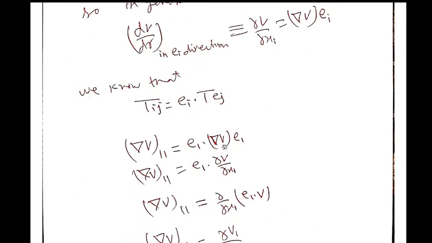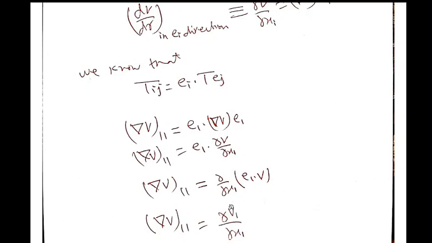We can write this as partial x1, e1 dot v. So you know what does this v dot e1 give? It gives us v1. Here v is a vector, and v1 is the first component of vector v.